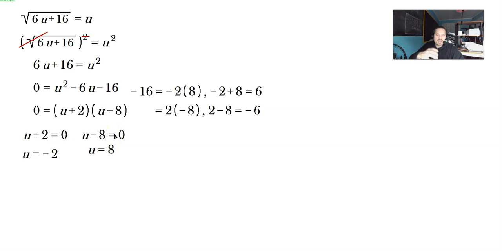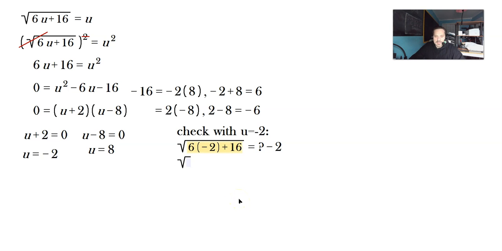Again, we cannot just say immediately that they both work in the original equation. Check with u equals -2 first. Plug it in and see. So you're going to do the root of 6 times -2 plus 16, and we're asking, does this equal -2? That's what the question mark is doing for us.